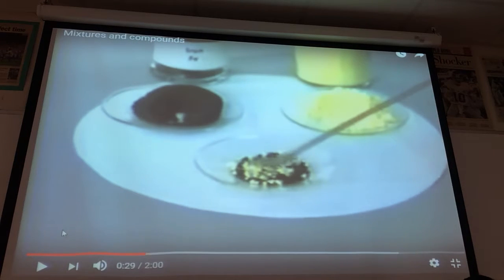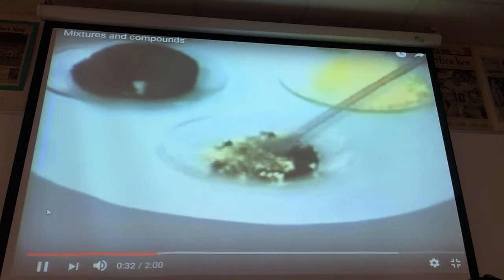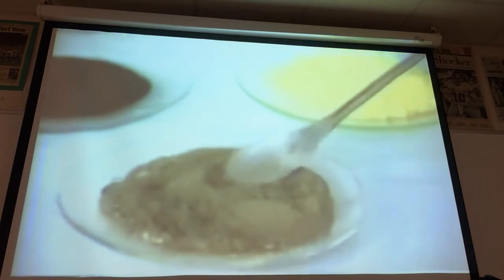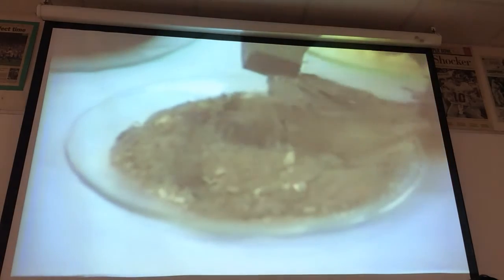Couple things to point out here. You have 2 solids, you mix them together, you still have a solid. Mixtures have properties of those components that went into them. They form a gray mixture of the 2 elements. This mixture can be separated by physical methods.